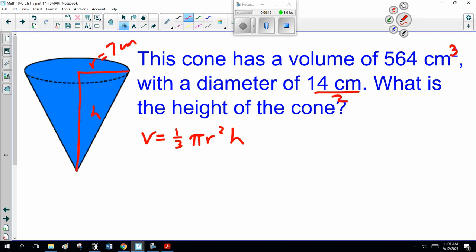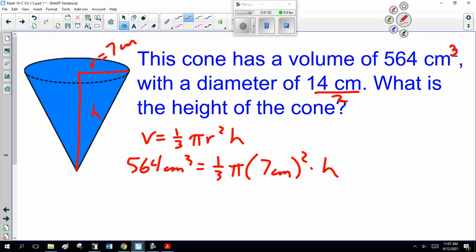So standard trick, read the question. Note, I did give you a picture, but I didn't label the sides, so you've got to be careful about that. 564 centimeters cubed equals 1/3 pi times 7 centimeters squared times height.